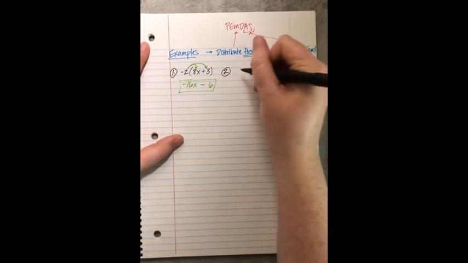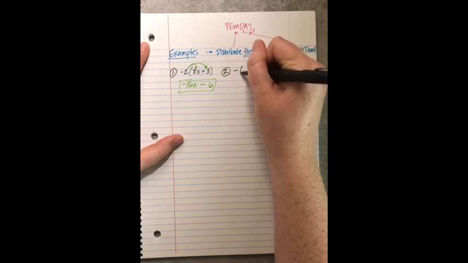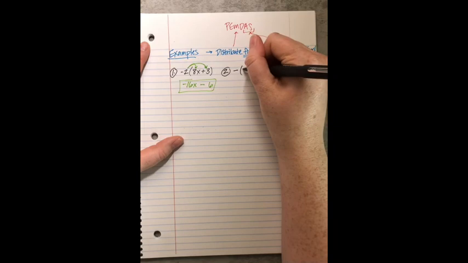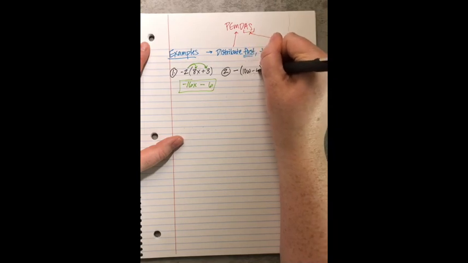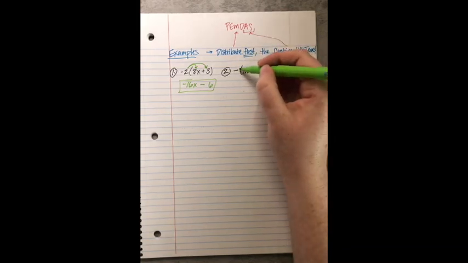Number 2. Now, number 2, in front of the parentheses is just a negative sign. Inside you have 10w minus 4. So I just have a negative out front. What do I do? Well, you might remember that there's like a secret 1 right there.